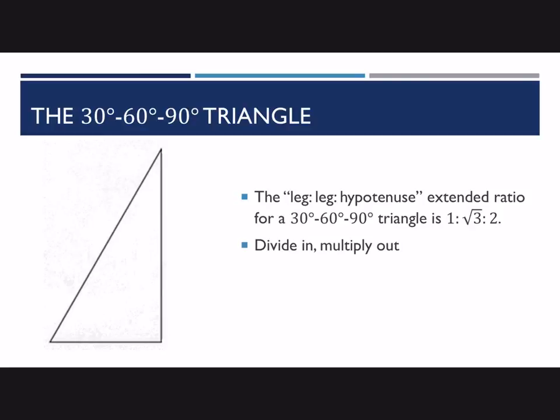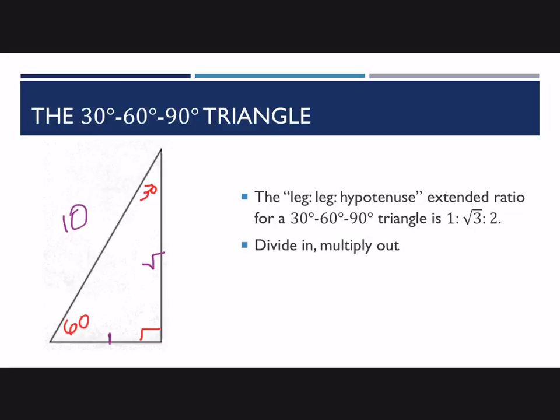Okay, so here's our triangle. Let's assume that this is the 30-degree angle, and here's the 60. The one across from 30 is the smallest, and the one across from 90 is the largest. So let's try the little trick. Let's say you know the hypotenuse is 10, and we want to find the other two. Using the divide in, multiply out method, I would put a 1 on the side that's across from 30.